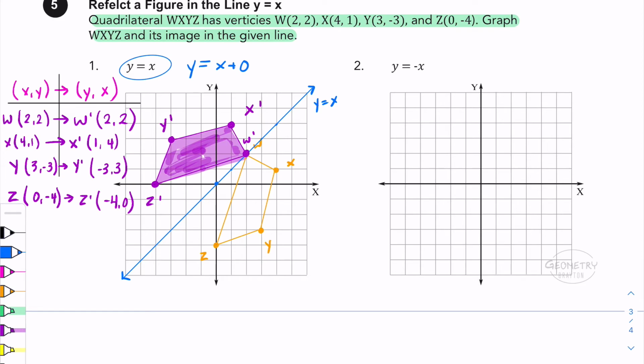For number two, we are graphing the same quadrilateral. Let's see if I can just save us some time here and grab it from this example.